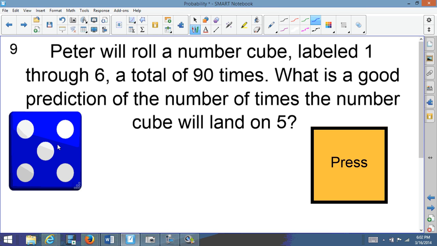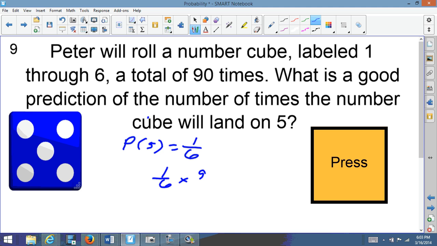The probability of getting a 5 would be 1/6, because there's only 1 five out of 6 numbers on the number cube. So he's going to do that a total of 90 times.